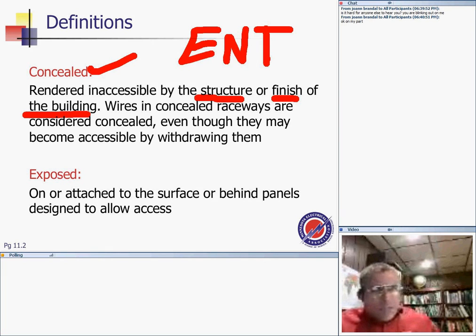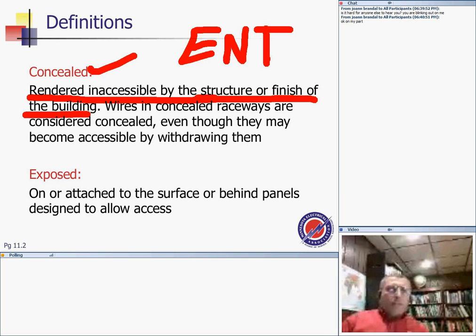So it's concealed behind walls, ceilings, or floors. That's right from the definition. Concealed is basically behind permanent walls, ceilings, or floors. Chad says, "Nothing is permanent, we can bust it." I understand, but these are not removable panels.